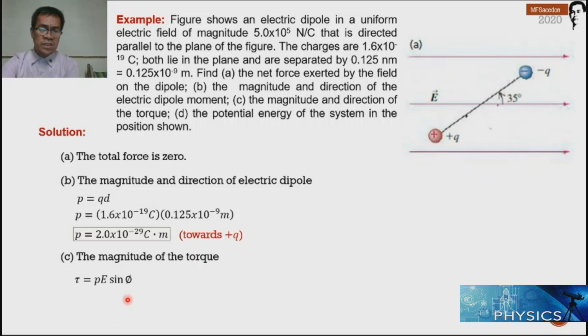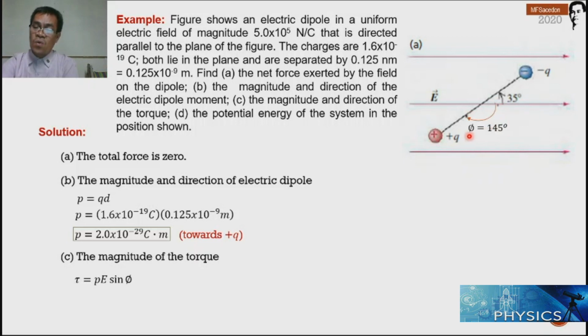Why? Because what is theta again? Theta is the angle from the electric field towards the direction pointing the direction of the dipole moment. And the positive side is the direction pointing the electric dipole moment. The dipole moment is coming from negative towards the positive. So the angle must be from here towards this one. So this must be what?